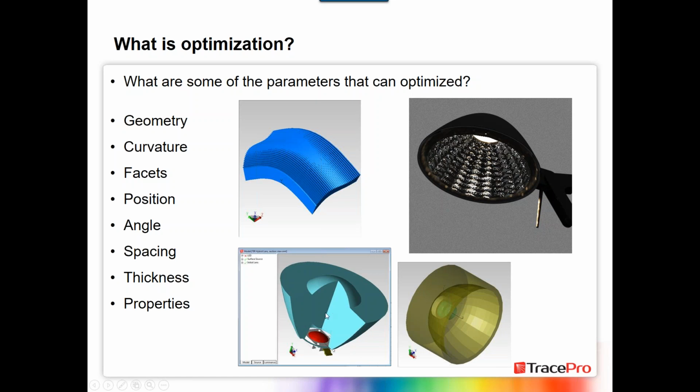If we have a TIR hybrid lens, we could use an optimizer to optimize the shape of it. What's the curvature on the side, the shape and curvature of this input section, as well as the refracting element right here on the front. And then another example, and this one we'll look at a little bit later, but it has a reflector and an LED with a lens that's designed to emit light to the side, so we can improve the collection efficiency of the reflector.